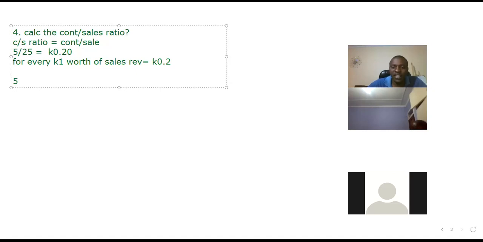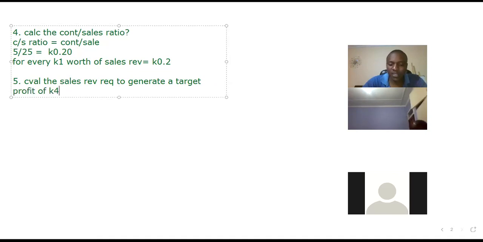Now notice there's a difference here. In the first question, we were taught to work out the CS ratio, to work out the level of activity required. But here you are being asked to calculate the sales revenue required to generate a target profit of 40,000. Sales revenue is not the same as sales activity level.